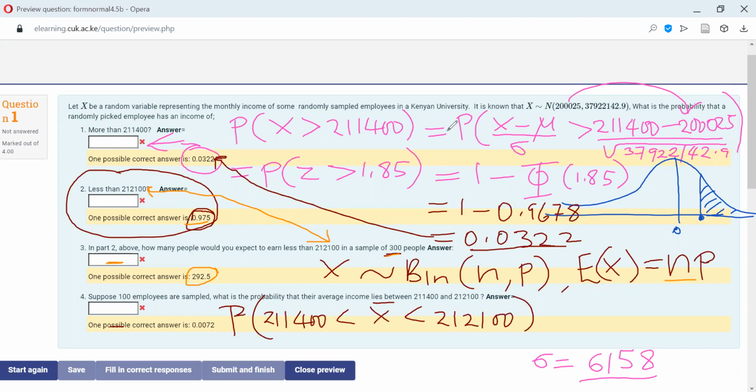So this is a trick here. We have x bar, not x. So we know that the mean of x bar is always the usual mean, but the standard deviation of x bar is actually the standard deviation of the original data divided by root n. So that is the trick.